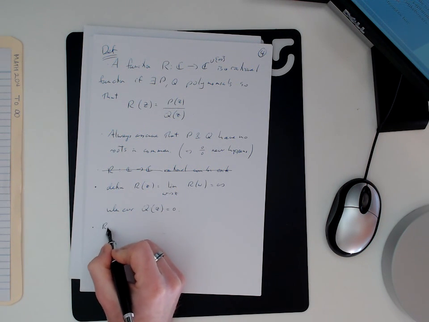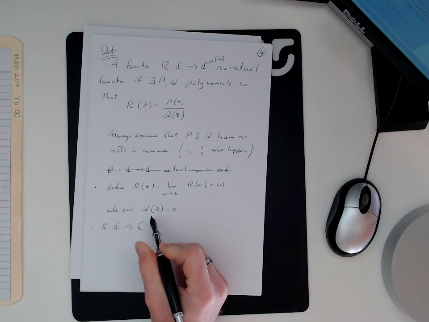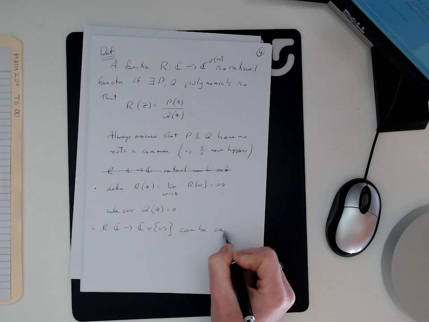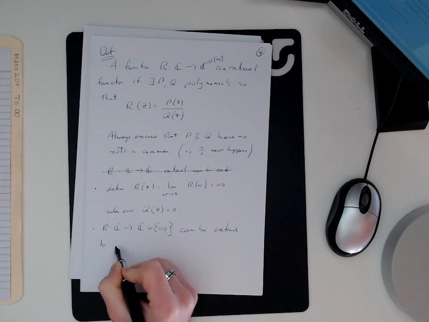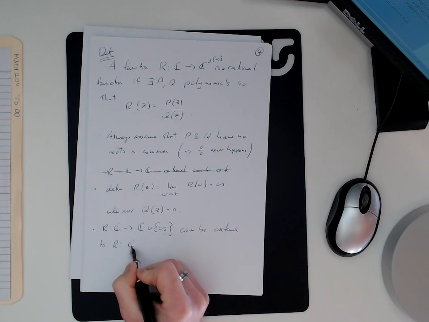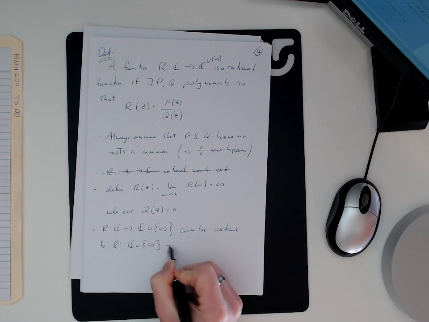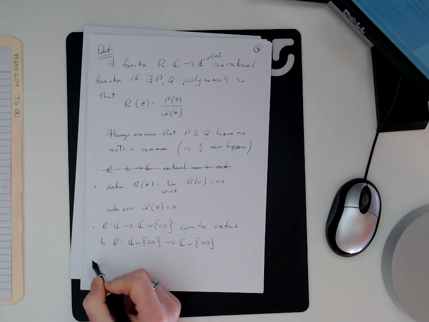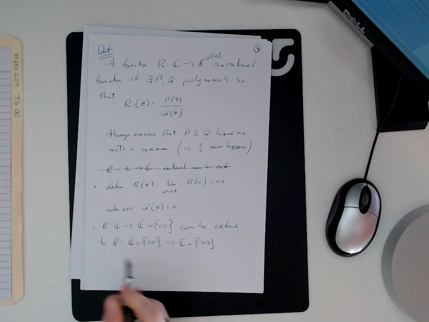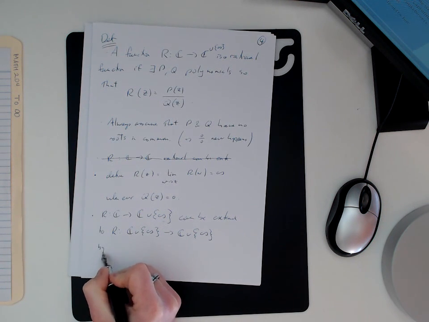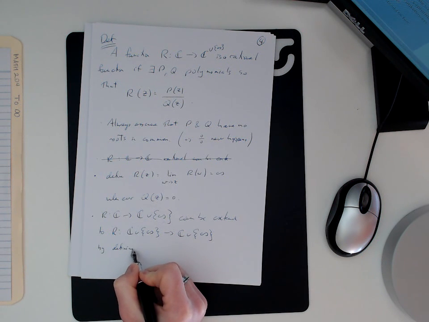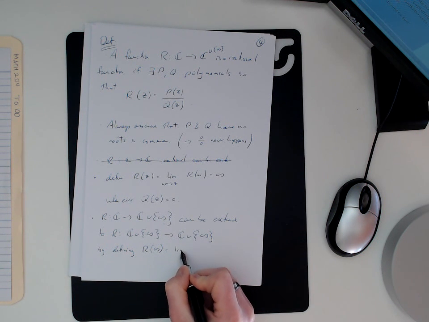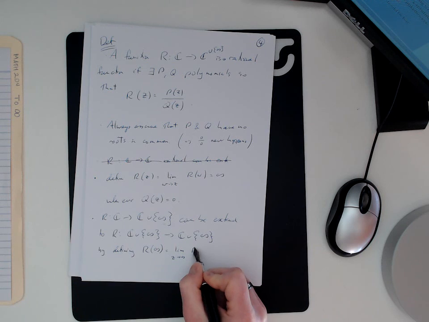Okay. R from C to C union infinity can be extended to a function that I'll also call R from C union infinity into C union infinity, by defining R at infinity to be equal to the limit as z goes to infinity of R of z.